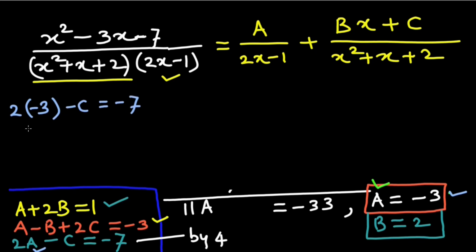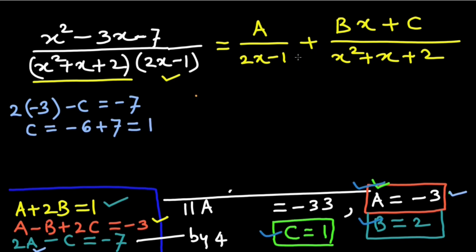So that gives us c equals minus 6 plus 7, that is 1. So c equals 1 is the third value that we got. So we have a equals minus 3, b equals 2 and c equals 1.